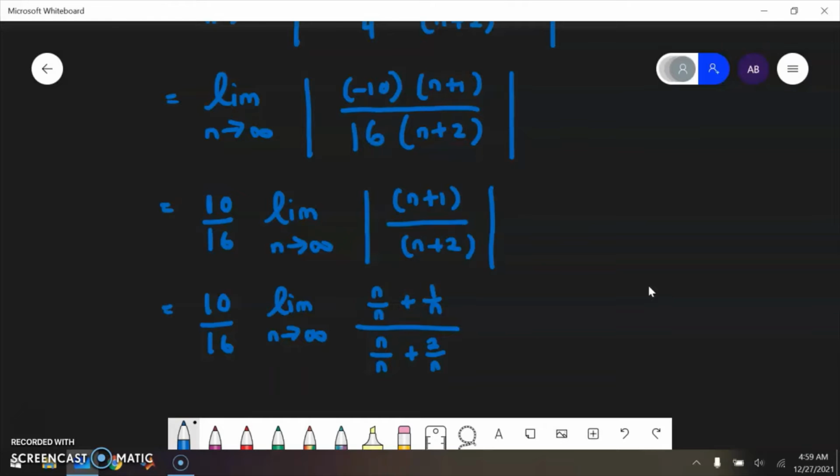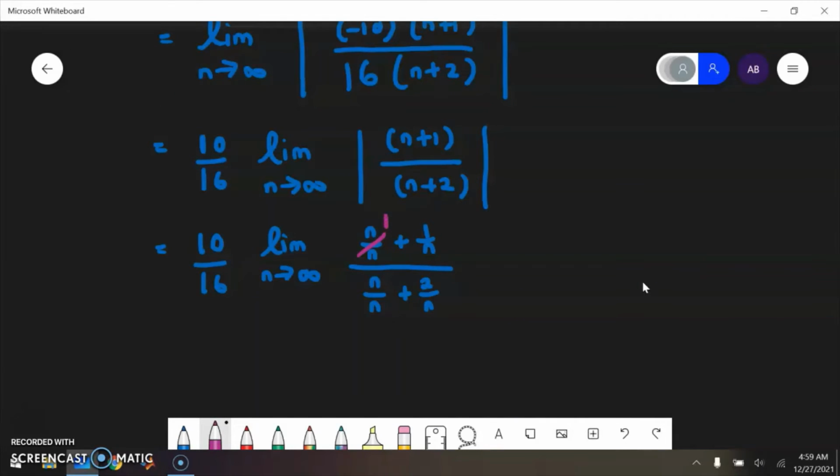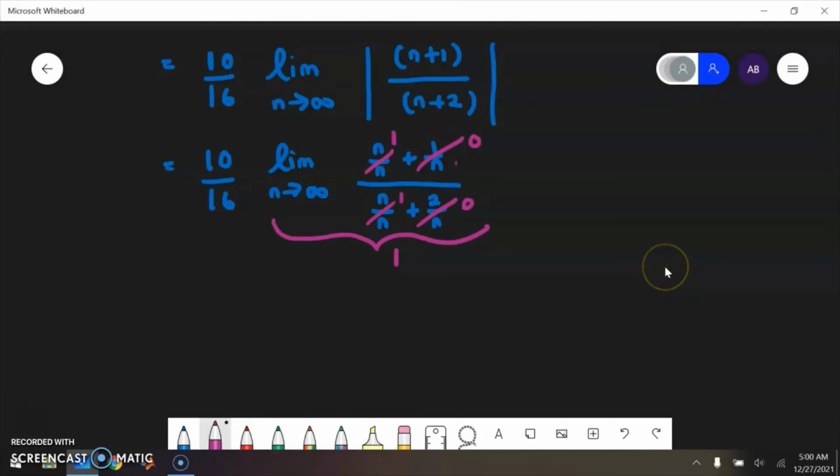Your denominator is power 1, so divide everything by n to the power of 1. So this gives me 1. When n approaches infinity, 1 over infinity approaches 0, and this approaches 0. So this limit here gives me 1. It's a positive absolute value here, so you have a positive constant, L equals 10 over 16.